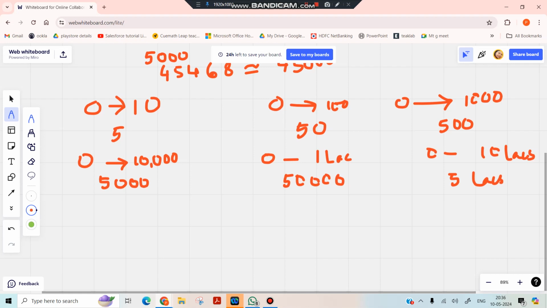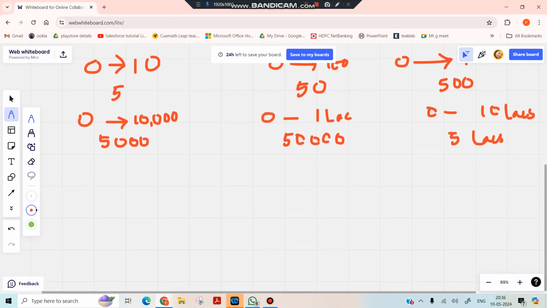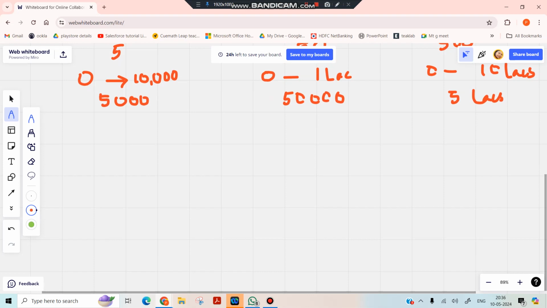So you can try to see what will be the middle number when you are looking for a range. Now coming to the example. We'll just take one number and we'll try to round it off to several places.